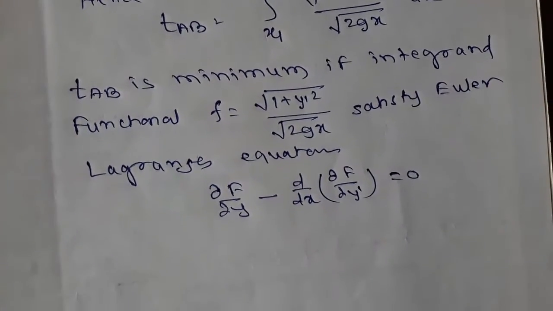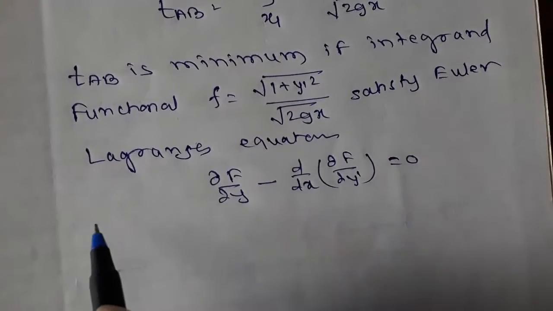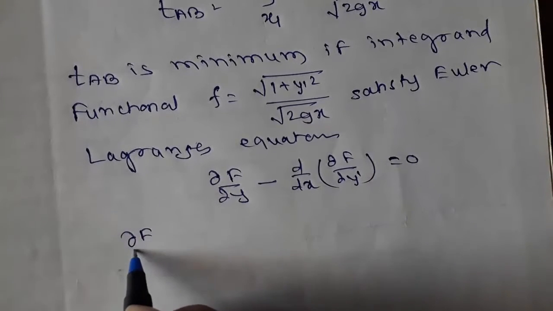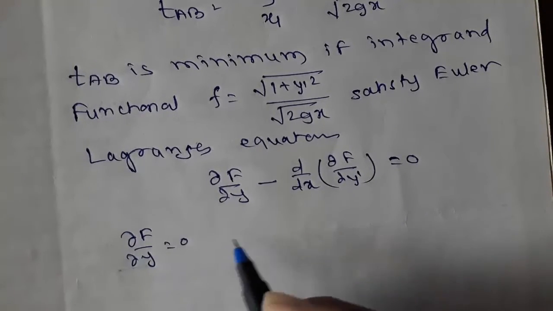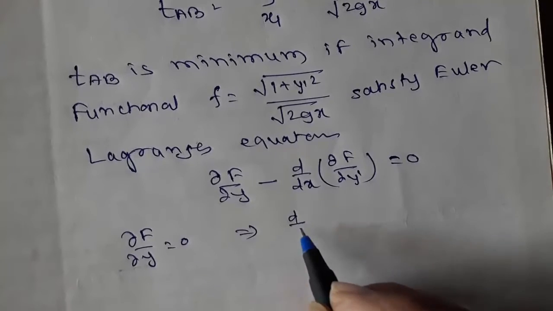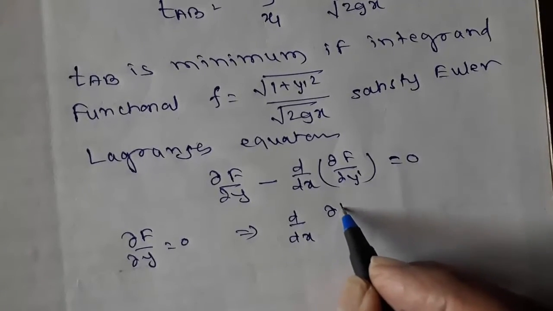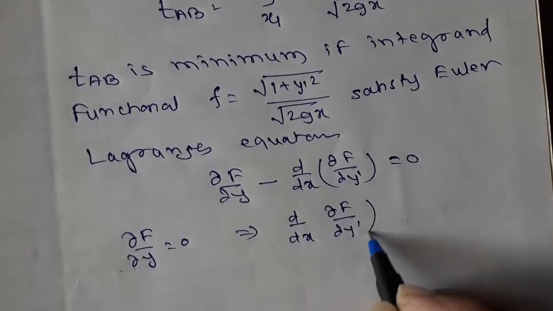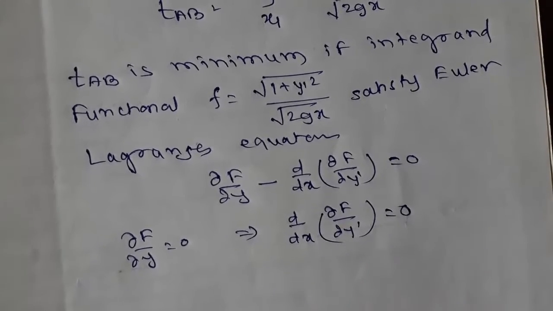Now, differentiating f with respect to y, we get dou f by dou y equal to 0. This implies that d by dx of dou f by dou y dash is equal to 0.